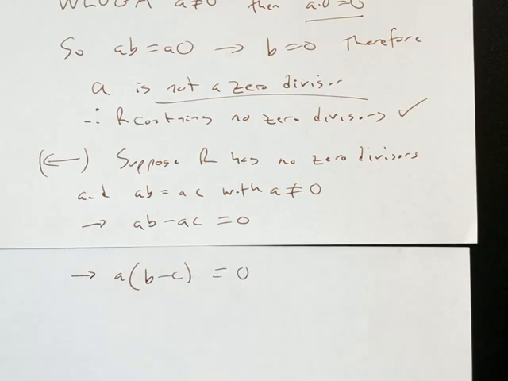Now I'm even happier because I have a 0 on the right-hand side, and on the left side I have multiplication. And I have no zero divisors. A is not 0. What does it tell me about the other thing? It must be 0. Otherwise we'd have a 0 divisor, right?